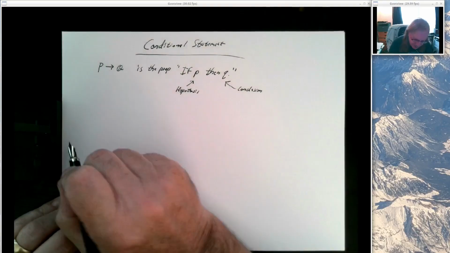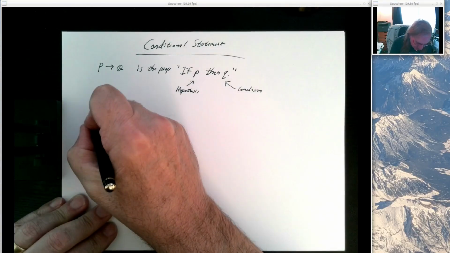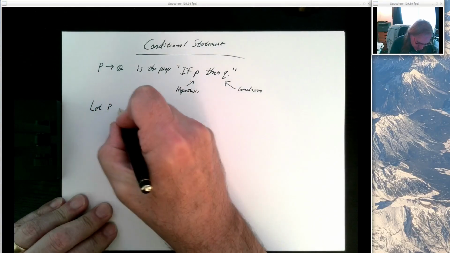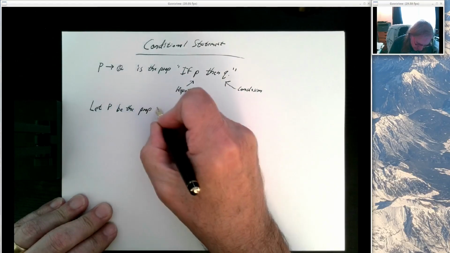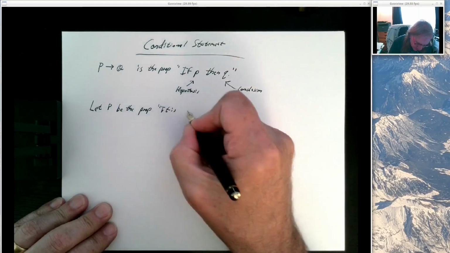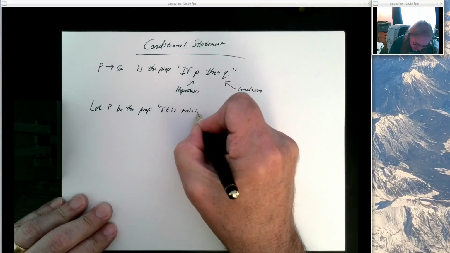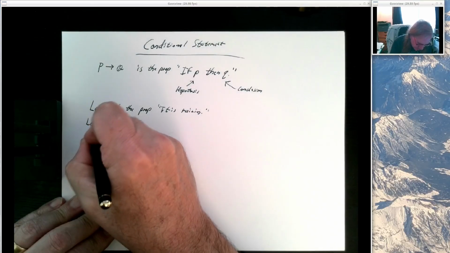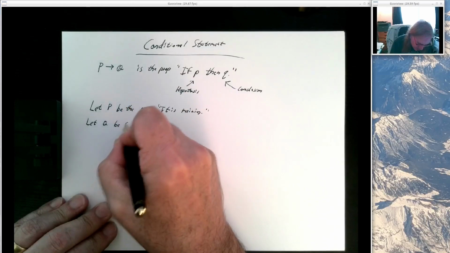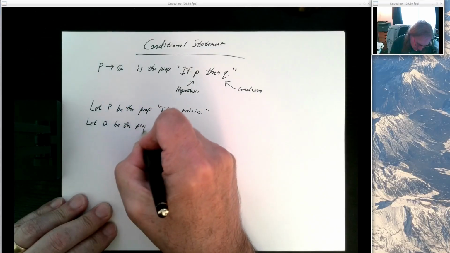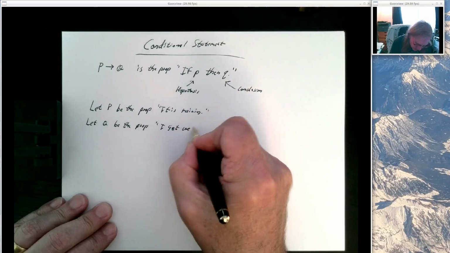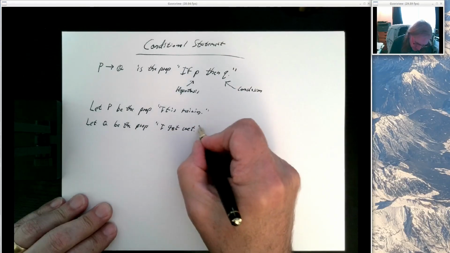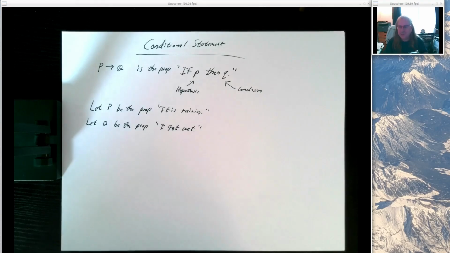So let me give you some example propositions to work with. Let P be the proposition, it is raining. And let Q be the proposition, I get wet, because I don't have an umbrella with me.